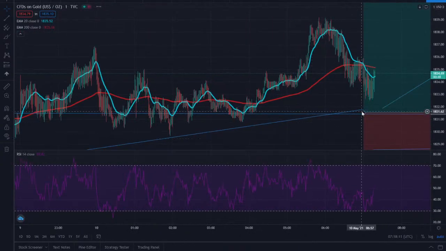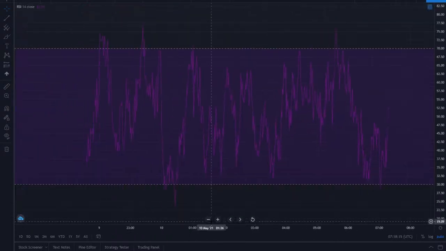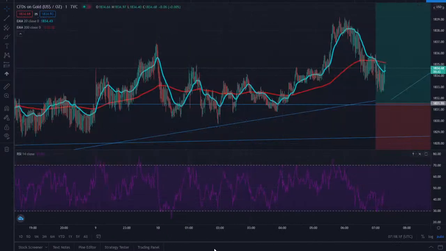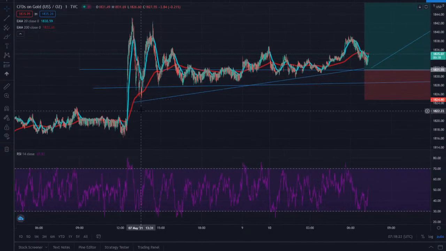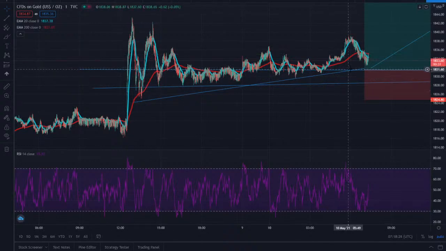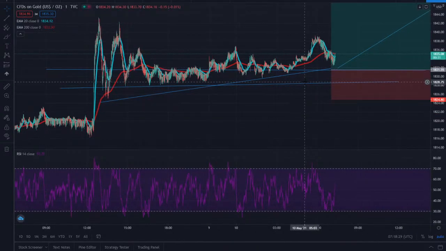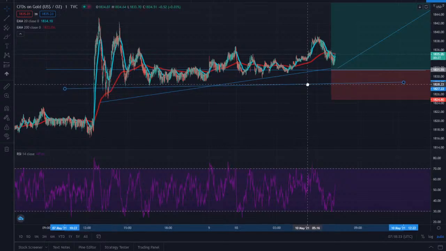So currently we are still above the support line and the triangle line, which means we still haven't. Here is the triangle line. Here is the first support line. The second one is more or less the stop loss, so we don't have to worry that much about it.